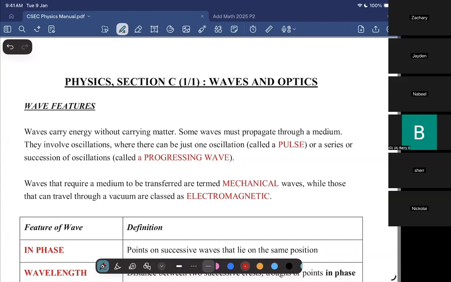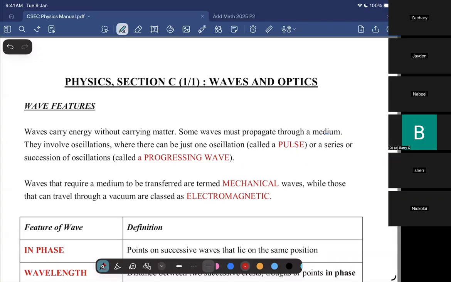Right. So Zachary, let me try to understand what we're reading. A wave carries energy. Does that make sense? Think of a sound wave. Does a sound wave carry energy? Yes, sir. Okay. Think of infrared waves.